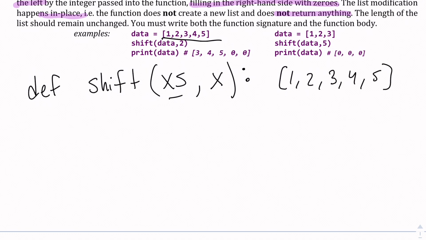What I want is, as I'm traversing through this list, I should look to see if there is a number at the location dictated by where I currently am plus this shift value. If there's a number at that place, that means this current spot should change to this number.